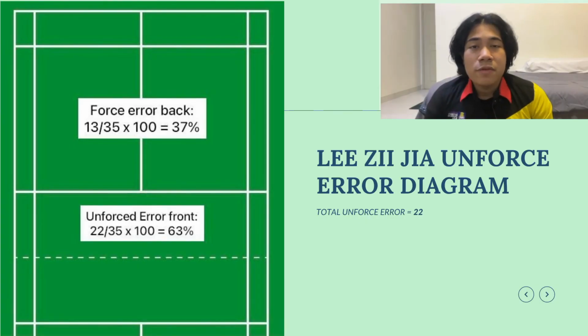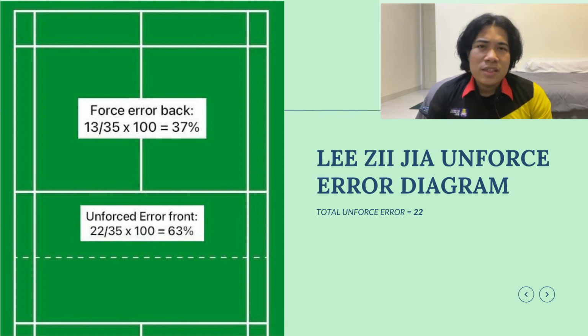So as you can see, of course, this is the diagram for the unforced errors for Lizzie. Basically, when we conducted the performance analysis and analyzed the unforced errors of Lizzie, the errors had been scattered all over the court, but they are mainly focused on that particular spot, which is more on the front, and of course also at the back and the front net.